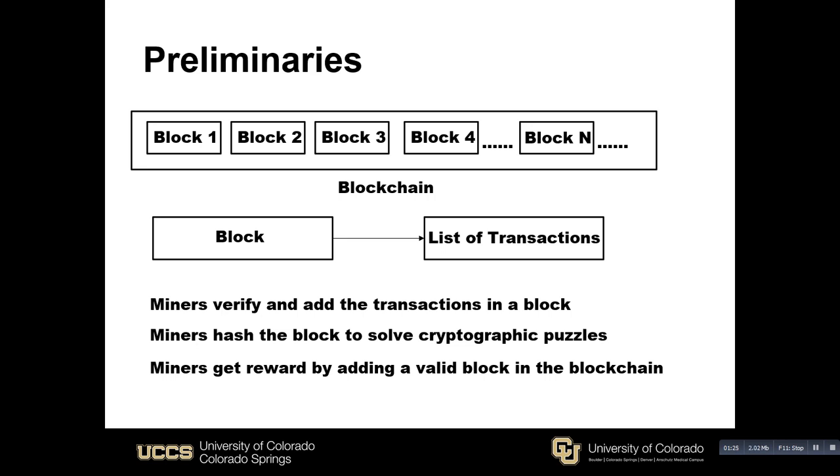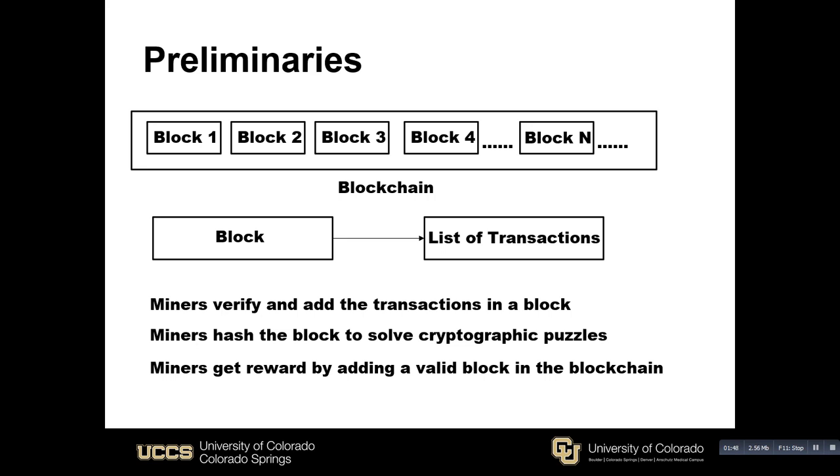So how it goes: first, miners gather transactions and verify them. If the transactions are valid, they add them in a block, and they try to hash that block to solve cryptographic puzzles.